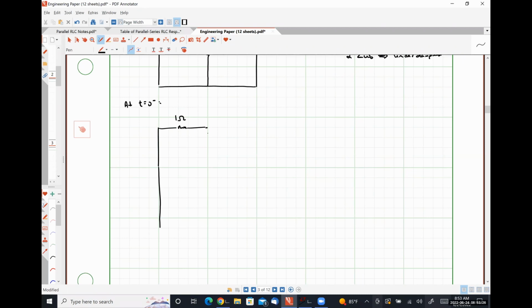My switch is closed. Here's my 5 ohm resistor. Here's my 12 volt source. My capacitor is an open circuit.